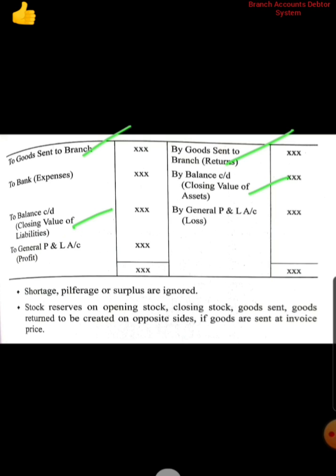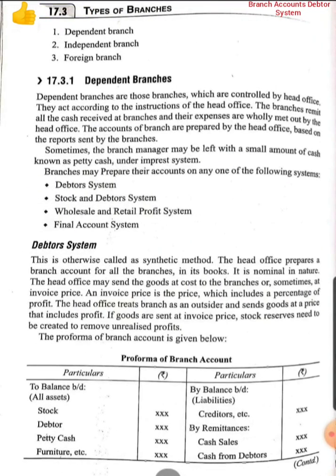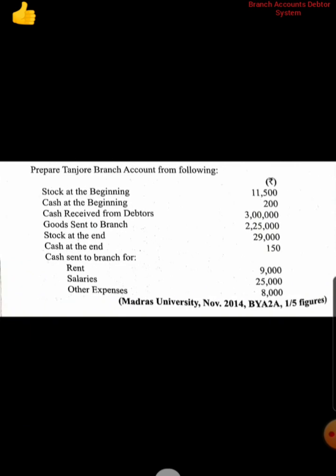On the debit side, expenses, and on the credit side, we have the remittance of cash sales and cash received from debtors. So this is the basic format, and you need to remember that breakage and shortage or surplus are to be ignored, and if it is invoice price, you need to create the stock reserve. Okay, let's go to the problem.